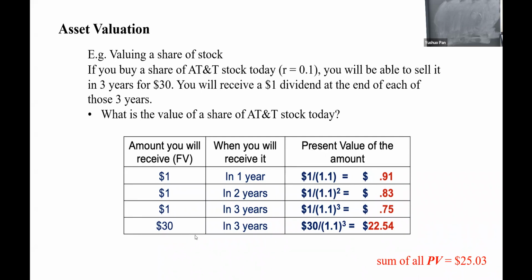You are going to sell your stock in 3 years, which means for the price you are going to sell at, you only need to calculate the value in 3 years, because in the first and second year you are not going to do anything with it. So the future value for your stock is $30 in 3 years. Converting it into present value, this amount is divided by 1.1 to the third power.